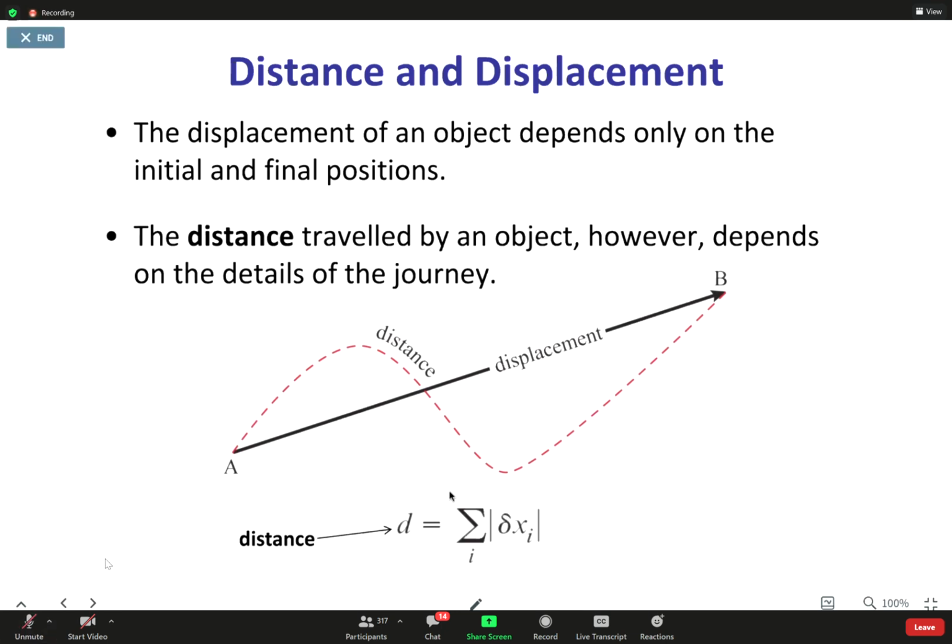Yeah, so D, you see, is the distance. This funny looking E is the Greek symbol sigma. That means that you just do a sum over all the terms on this side. This little delta is going to be essentially an infinitesimal change in this quantity x sub i, where x sub i is each individual segment along the path.